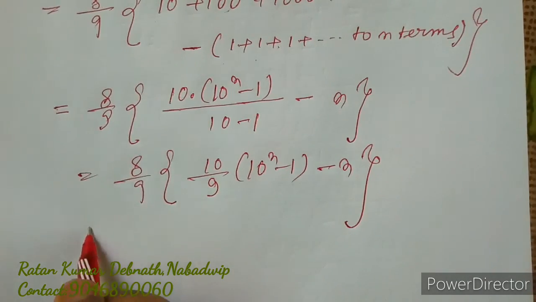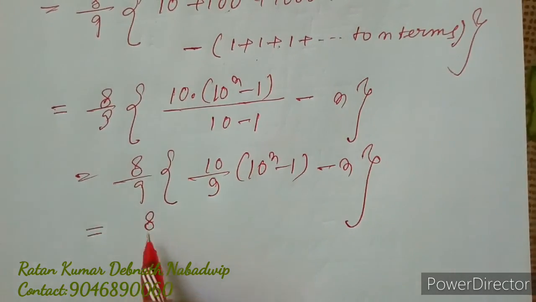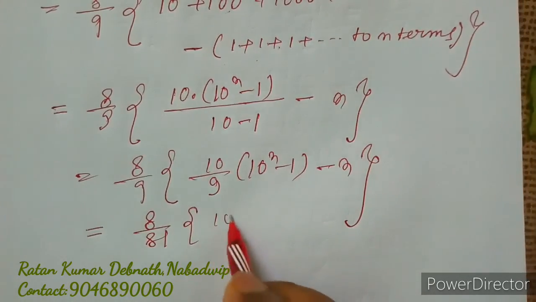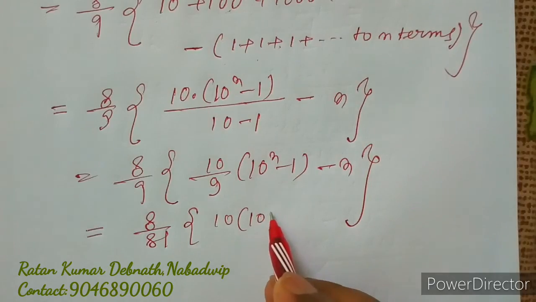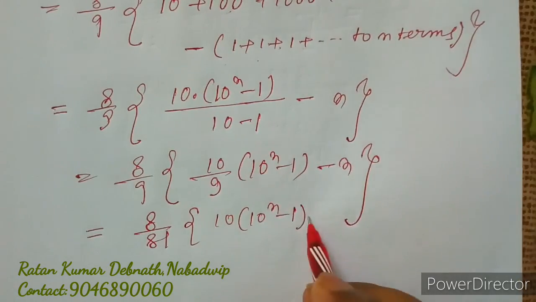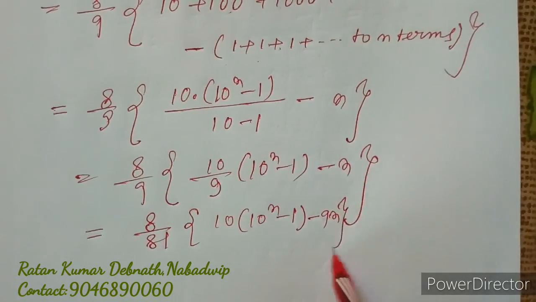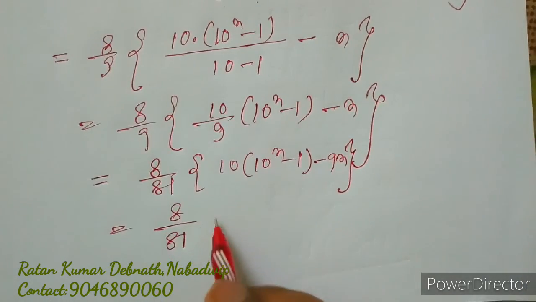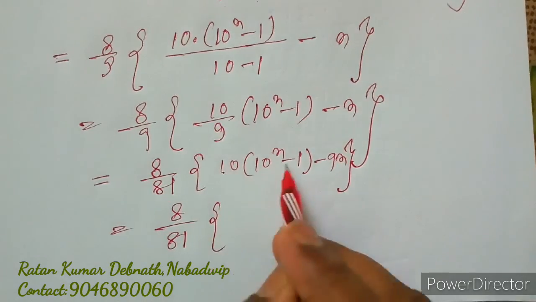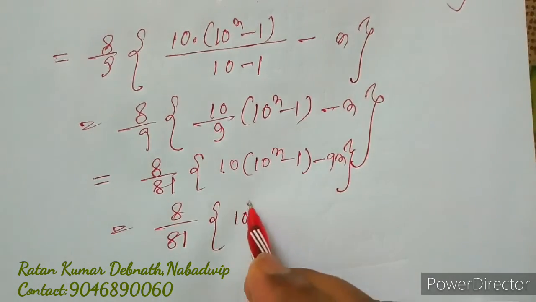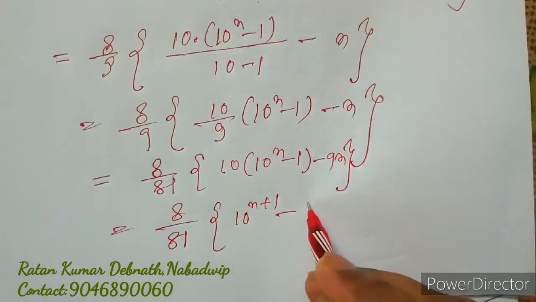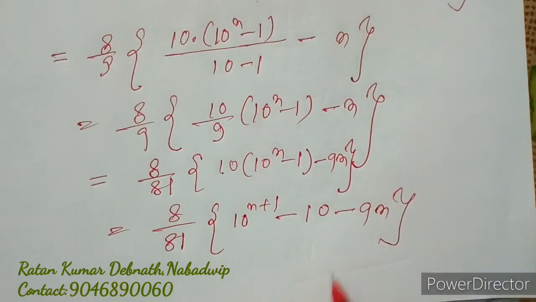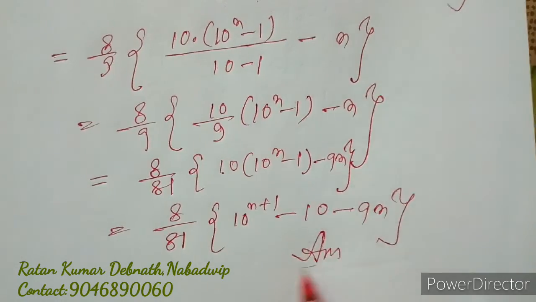If we take common 9, we will get 8 by 81 into 10 into 10 to the power n minus 1, minus 9n, that is 8 by 81 into 10 to the power n plus 1 minus 10 minus 9n, which is the answer.